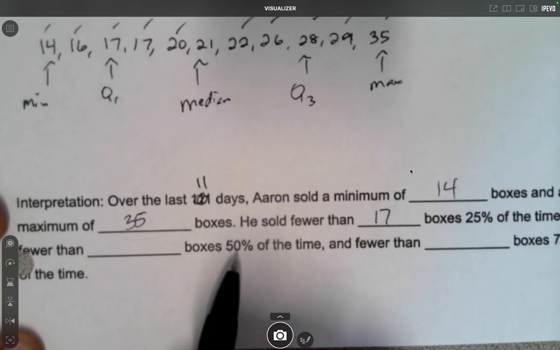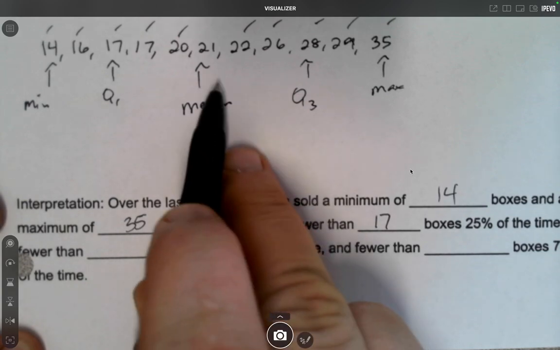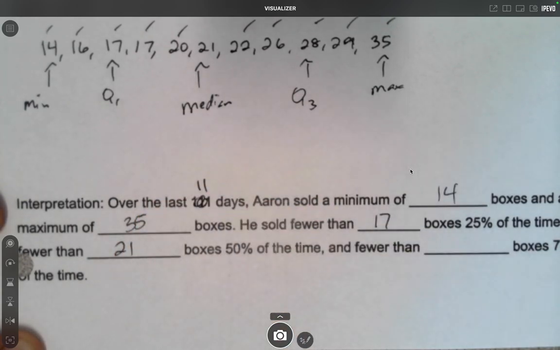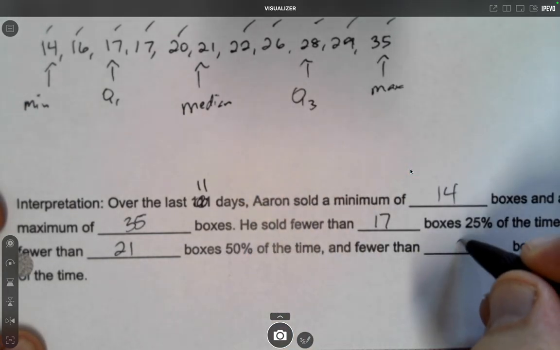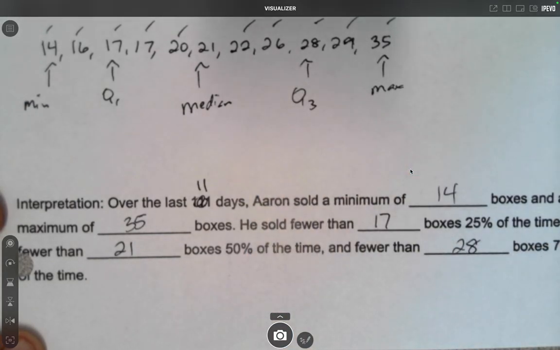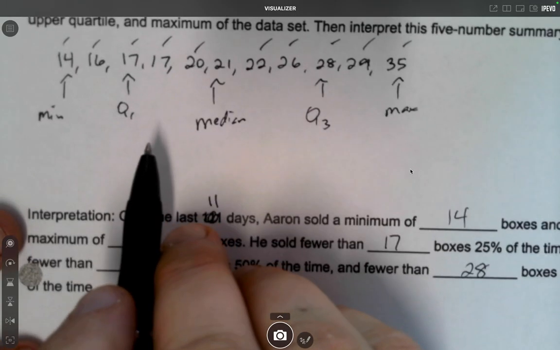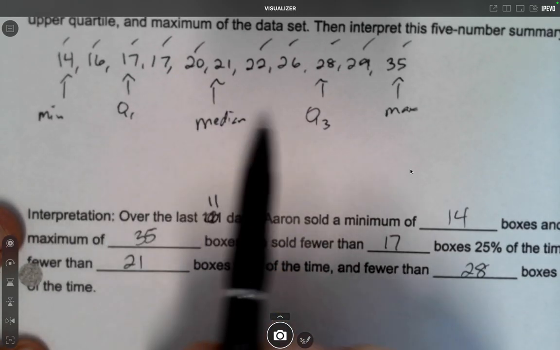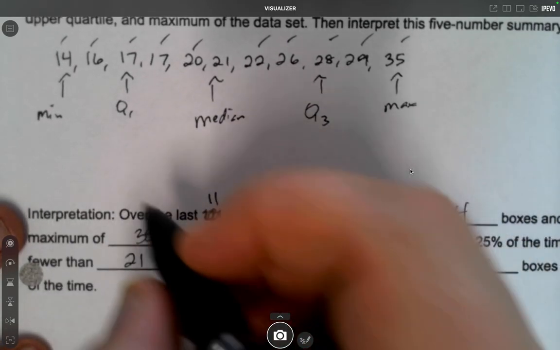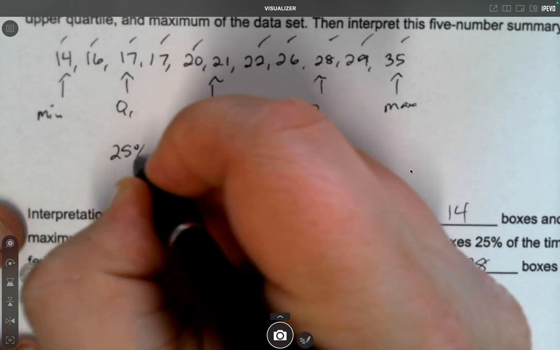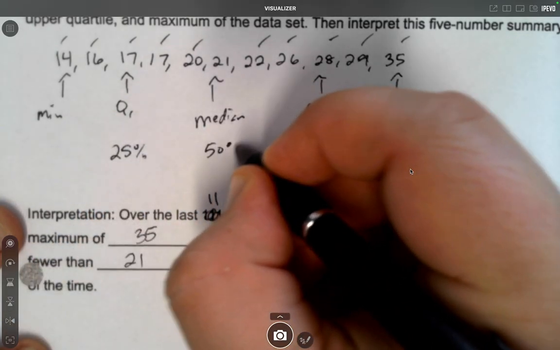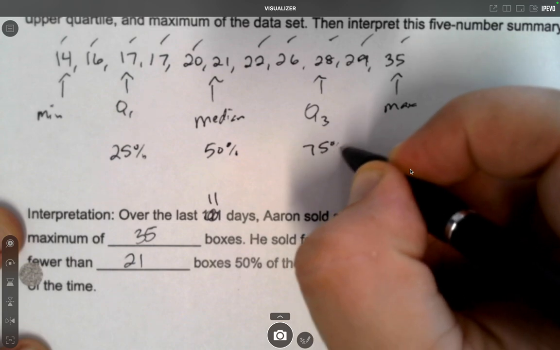The median is the 50% mark, so he sold fewer than 21 50% of the time, and fewer than 28 75% of the time. So this is actually what is used most often by statisticians with the 5-number summary. The fact that this is the 25% mark, this is the 50% mark, and this is the 75% mark.